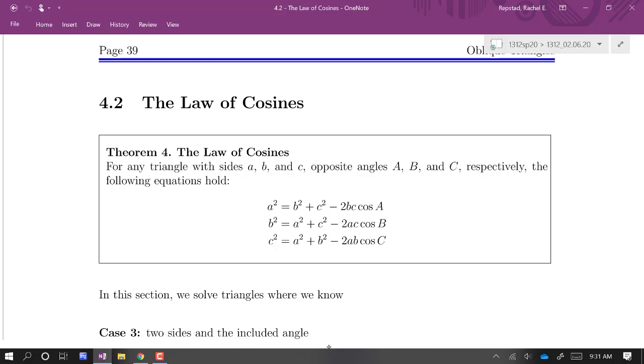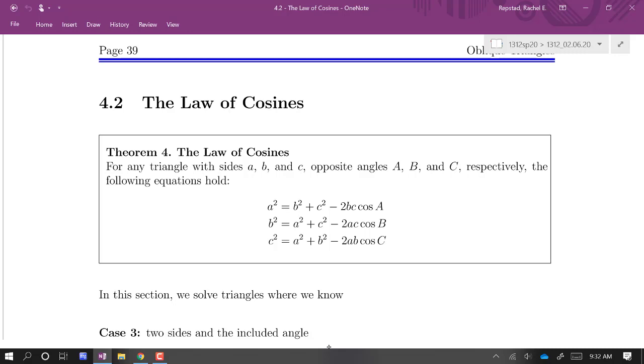If you look, especially at the bottom one, it seems reminiscent of Pythagoras, right? It's almost Pythagoras, except we have this extra term on the end. Pythagoras is a special case of the law of cosines when you have a right angle.